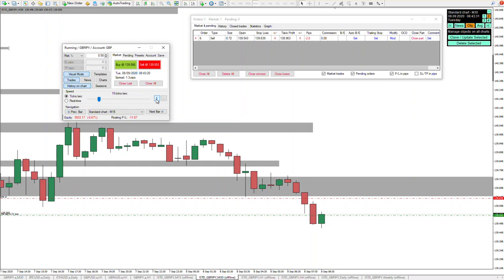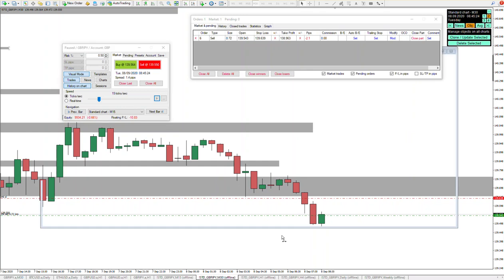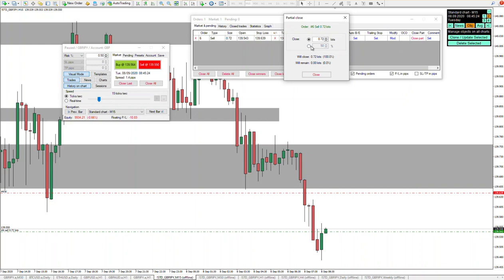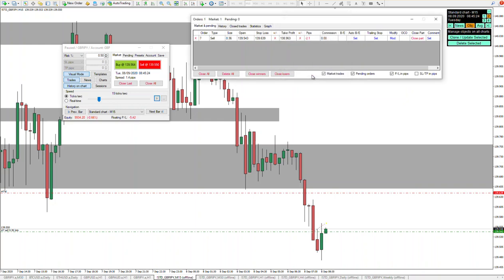See how this M15 candle closes. Okay, closed. I'm a bit late. It closes green. Hey, oh no, it just closed green. Even it went up above this previous candle. I have to close 50%. So I bring back my risk.